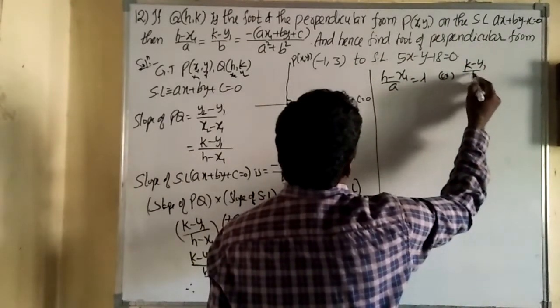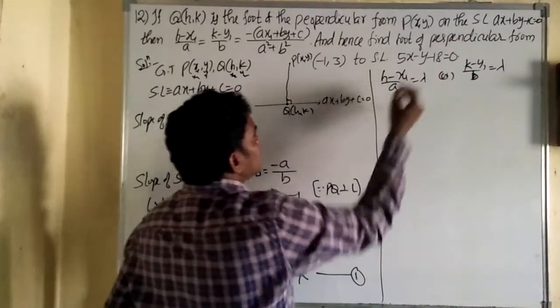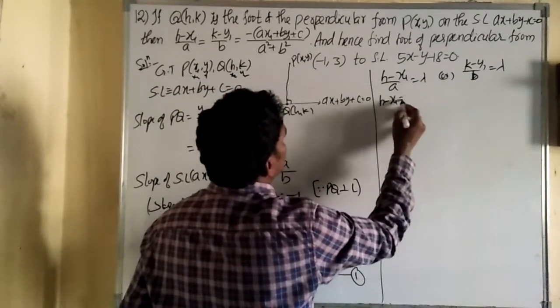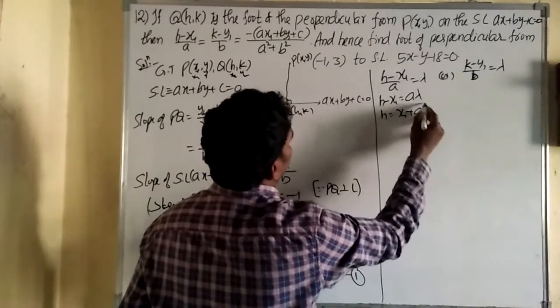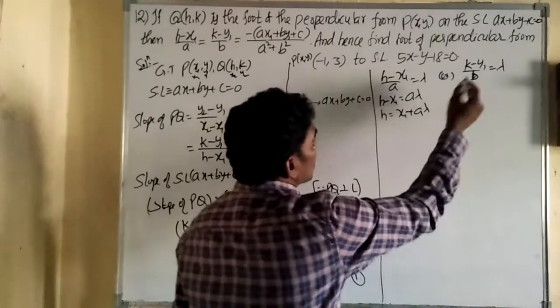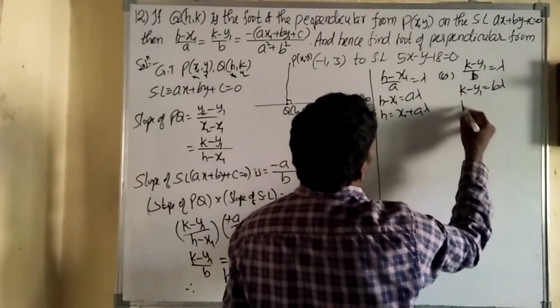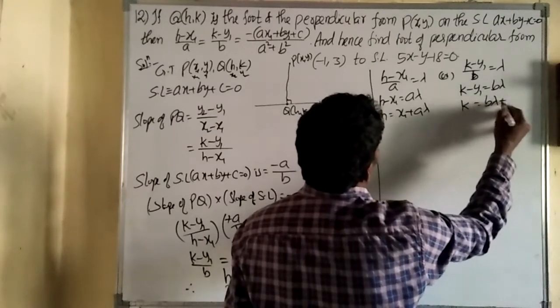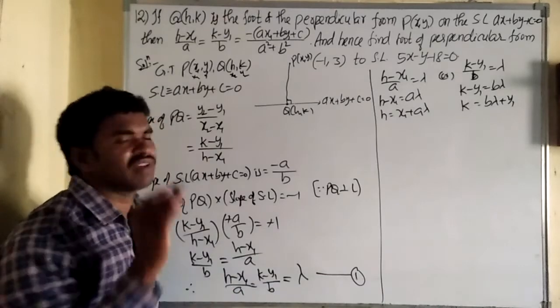Now I simplify: a sent to the right side, so h minus x1 equals a lambda. Then h is equal to x1 plus a lambda. Similarly, b sent to the right side, so k minus y1 equals b lambda. Then k equals b lambda plus y1. These are the h, k values.